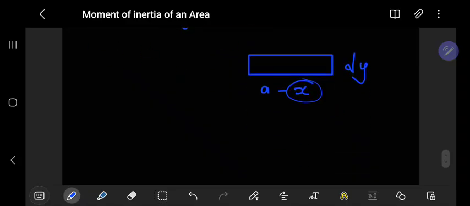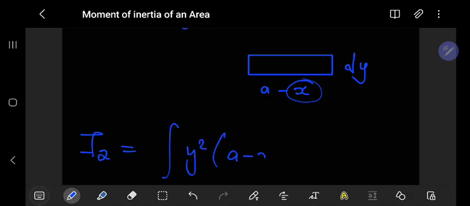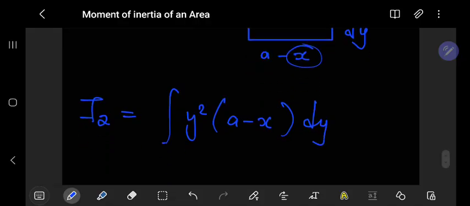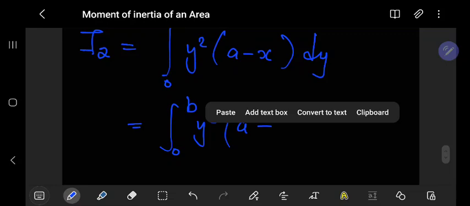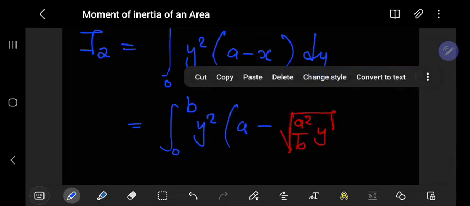We'll bring that x in when we have to substitute it. This is the integral of y squared, and then this is a minus x. Then we have dy. The limits, it's still with respect to y, so this is still from 0 to b. So now this is 0 to b, y squared, and then a minus, where we have a, our expression for x in this case, which is this.